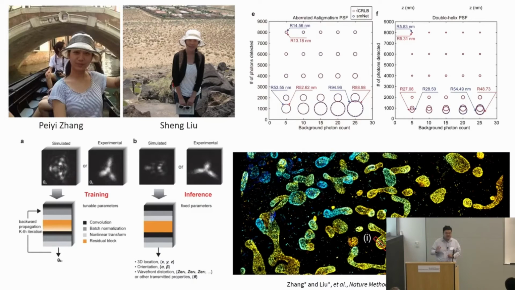There's no chance for you to do better than this if you want an unbiased estimator. And SMNet performance is plotted in blue circles. You can see that at different background counts and different photon levels, the blue circle and the red circle always overlap. That indicates SMNet extracts the information at the theoretical limit.